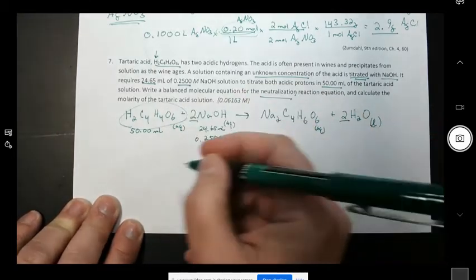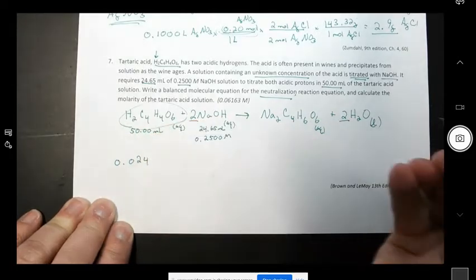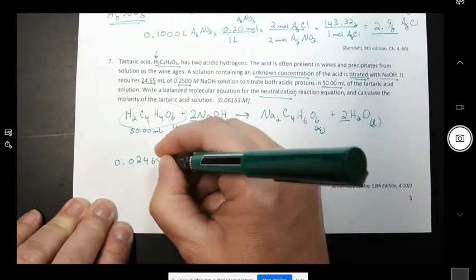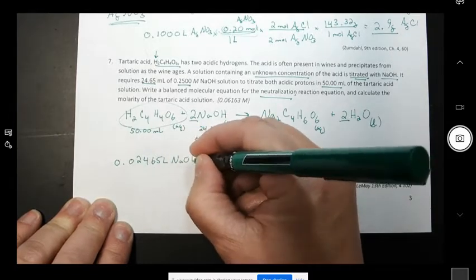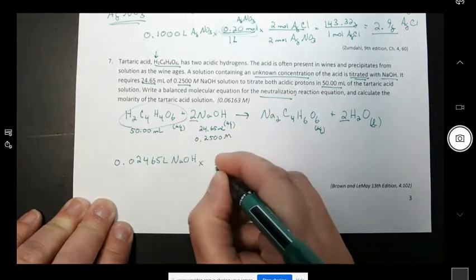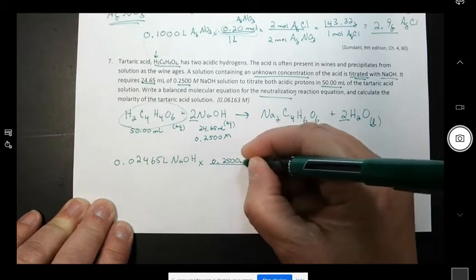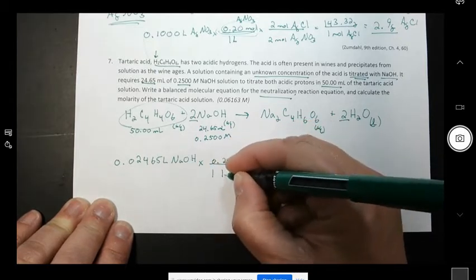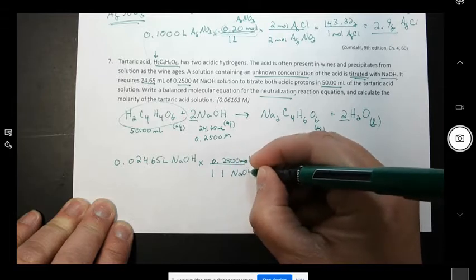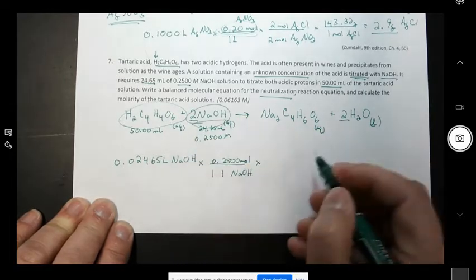So we're going to start with our 0.02465 liters of sodium hydroxide. We want to figure out how many moles of sodium hydroxide that is. And so we know we have 0.2500 moles for every 1 liter of sodium hydroxide, and that'll give us how many moles of sodium hydroxide we added.